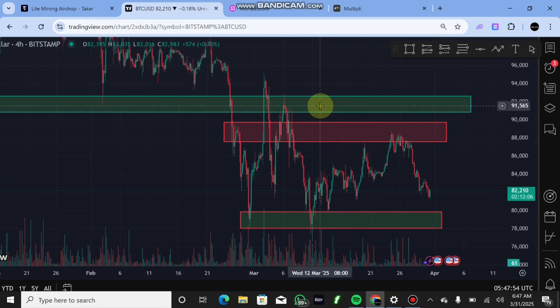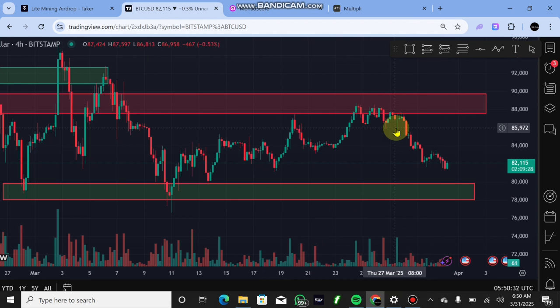So this particular support is actually a very good support, because it was once a support and now it's a resistance. So a good support or resistance zone should act as both a support line and a resistance line.